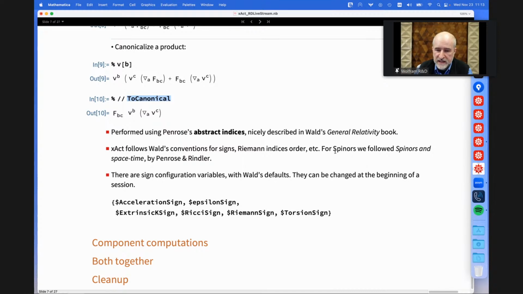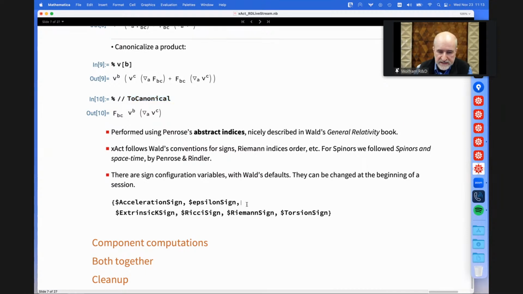And when we extend to spinors, we follow another book called Spinors and Space-Time by Penrose and Rindler.